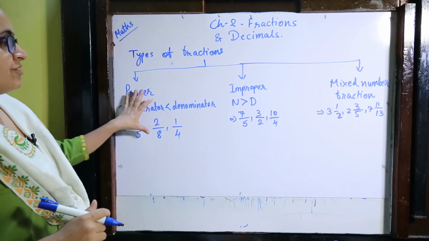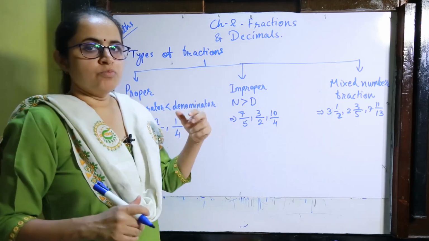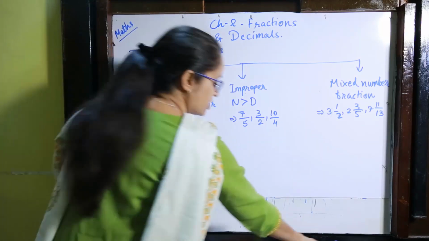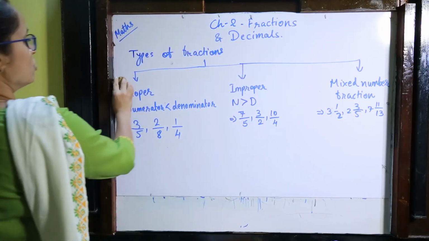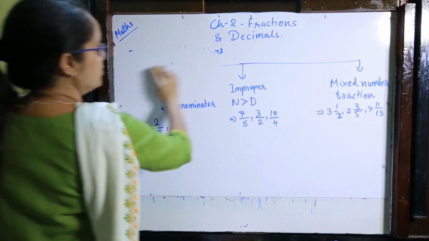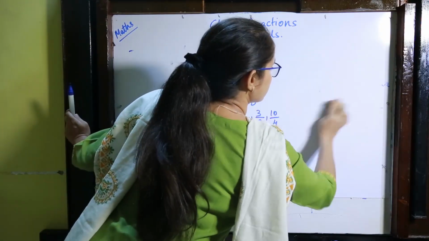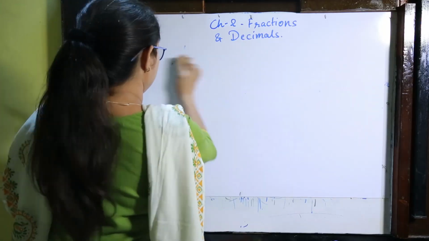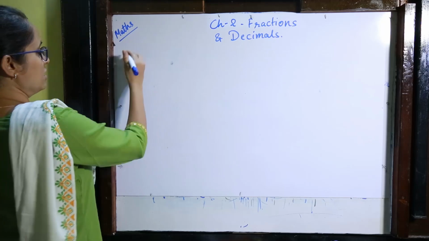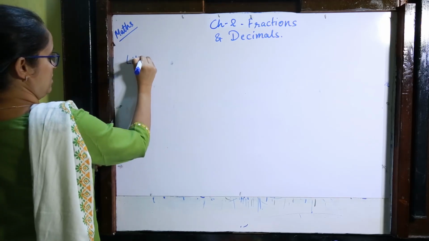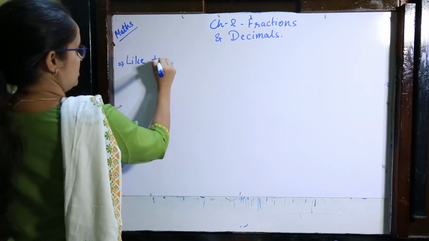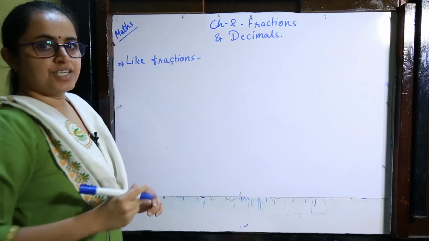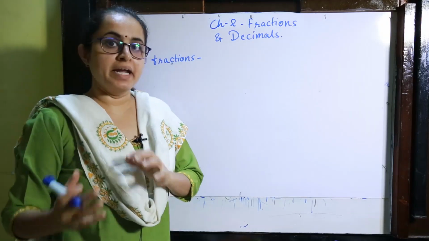After that, there are like fractions and unlike fractions. So what are like fractions and what are unlike fractions? Like fractions means the group of fractions having the same denominator.